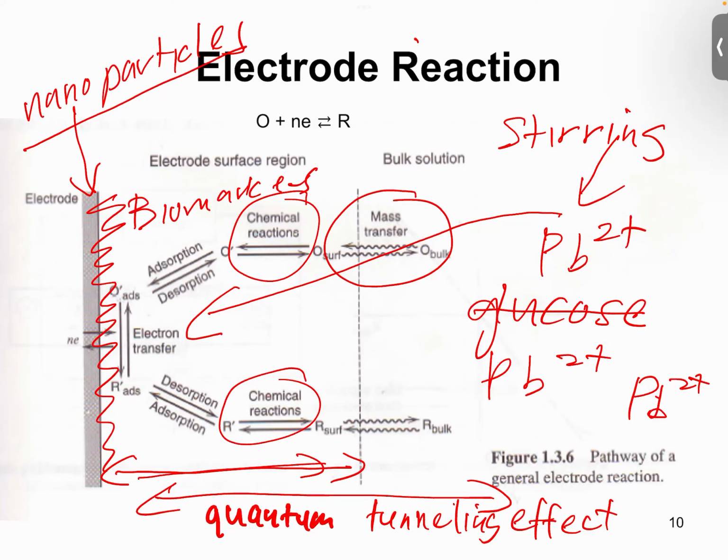Okay, and sometimes organic materials like DNA, antibody, they can inhibit, they can reduce the conductivity.